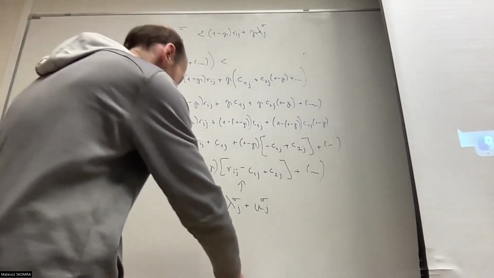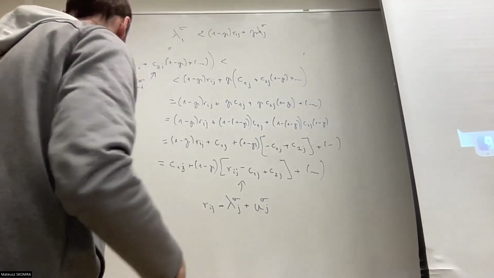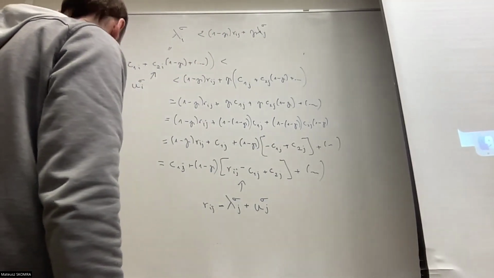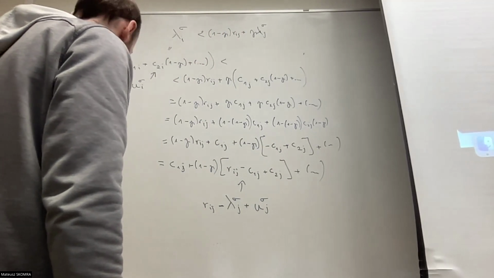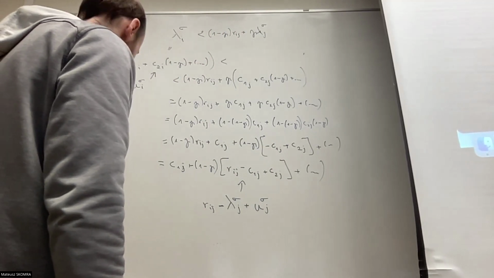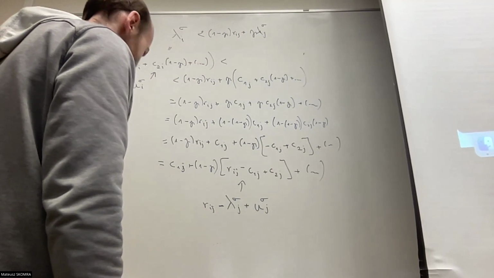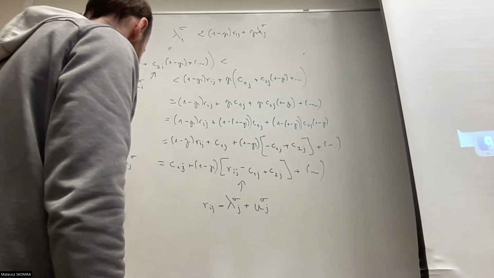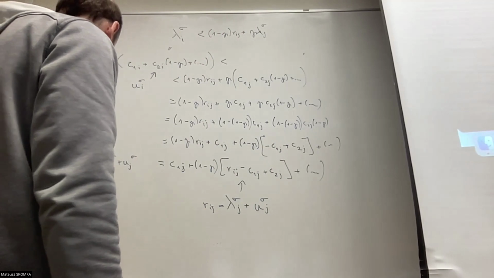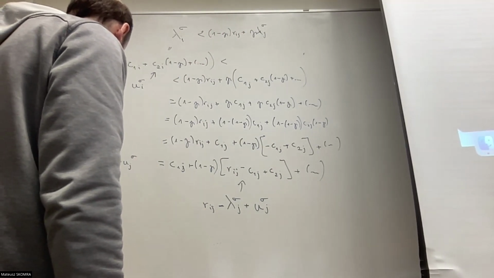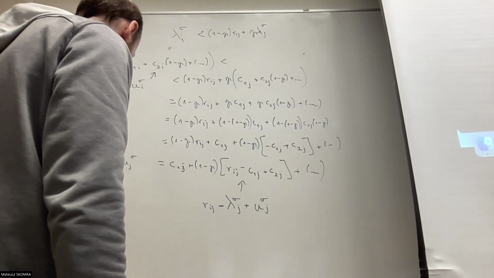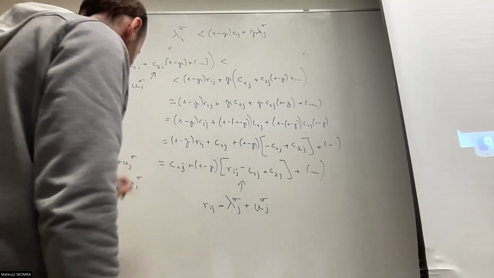Now the second criterion that you should use is U I sigma smaller than Rij minus sigma J plus U J sigma, or in other words, sigma J plus U sigma smaller than Rij plus U J sigma, right?